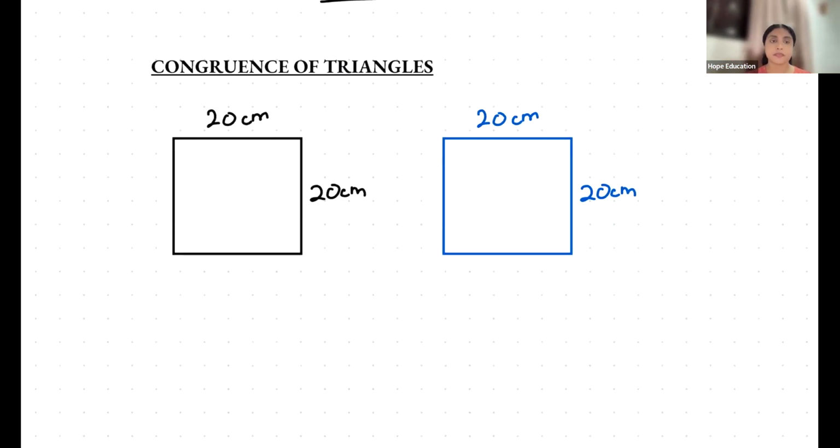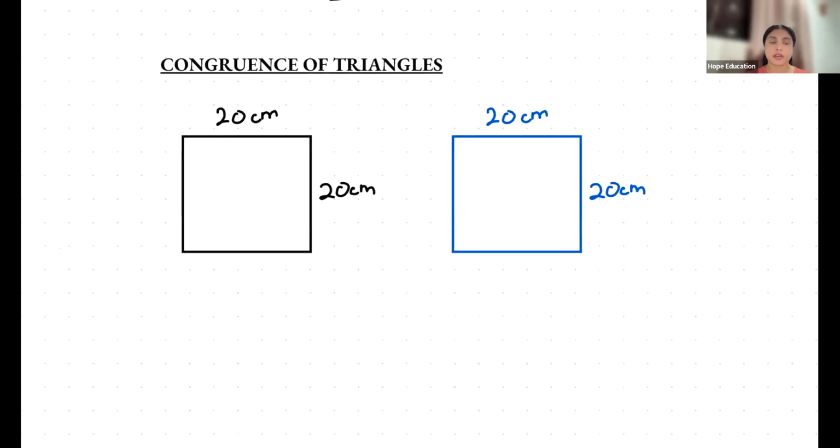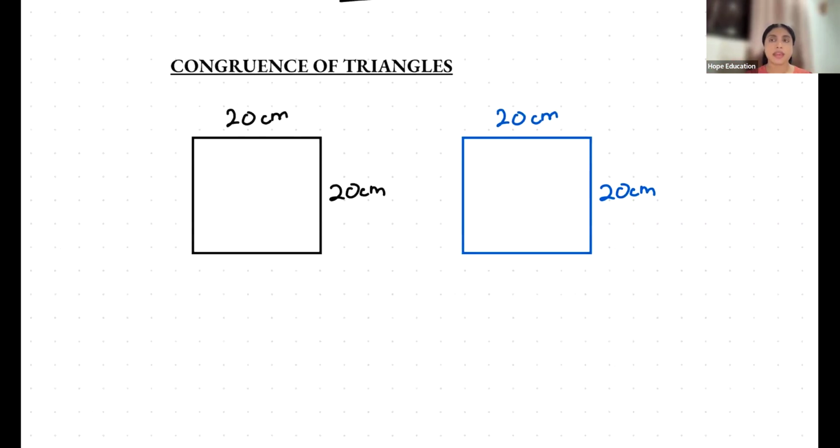Others, what do you think? When I keep two things on top of each other, if they properly fit, I call it coincide. So will they coincide with each other? Yes. Why? They have the same dimensions, so they will.